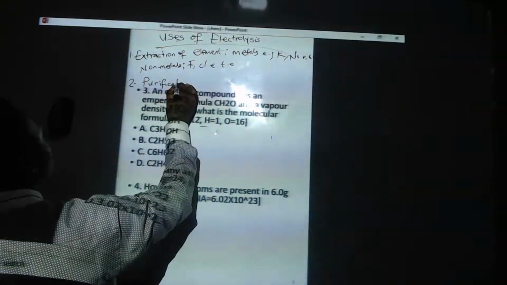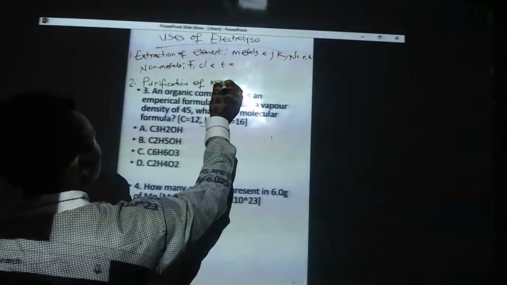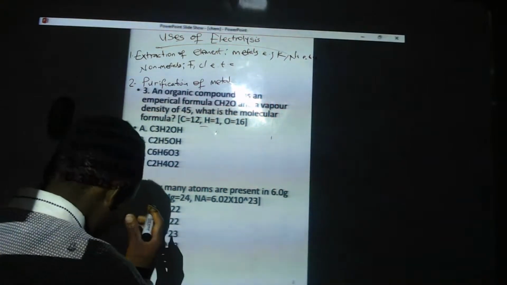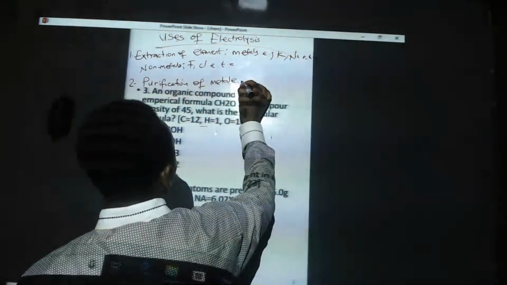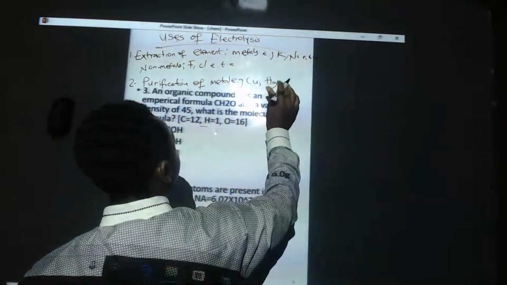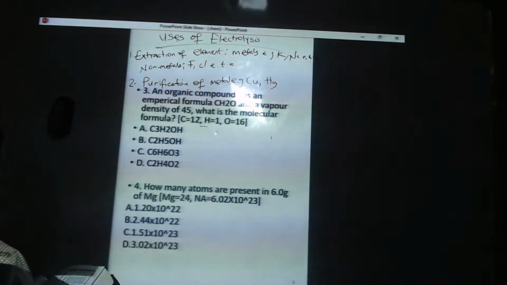Purification of metal. The example here is copper, mercury. And third one is electroplating of one metal.